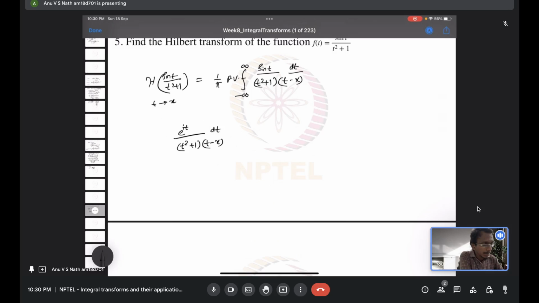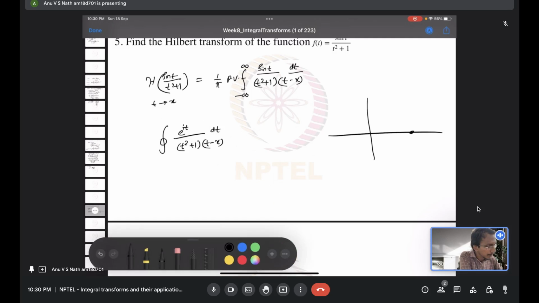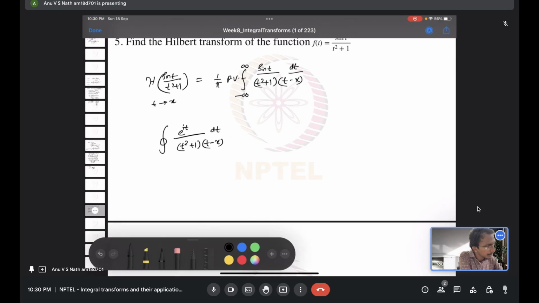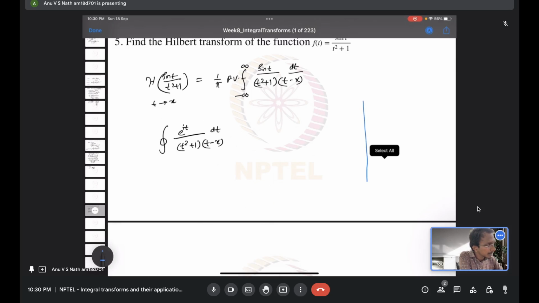Now you do the contour integral over a closed contour. So in the complex plane we have real of t here and imaginary of t here.